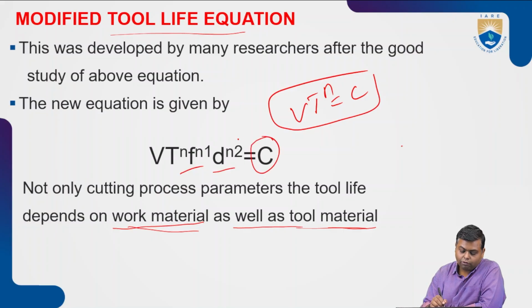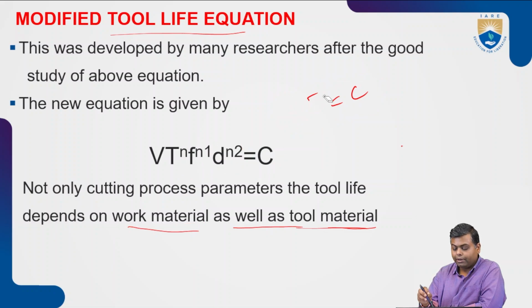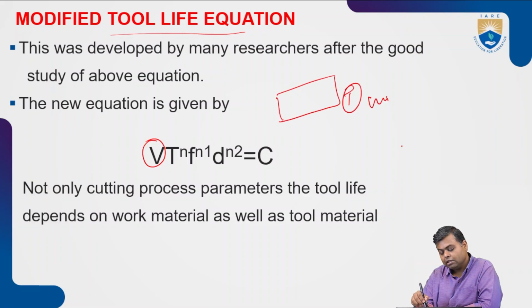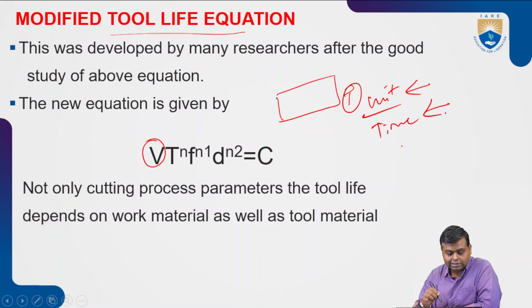If you don't consider feed and depth of cut, and only consider cutting speed, the problem is that you can't exactly find how many units the tool will machine or how much time it will take for machining unless you include feed and depth of cut.